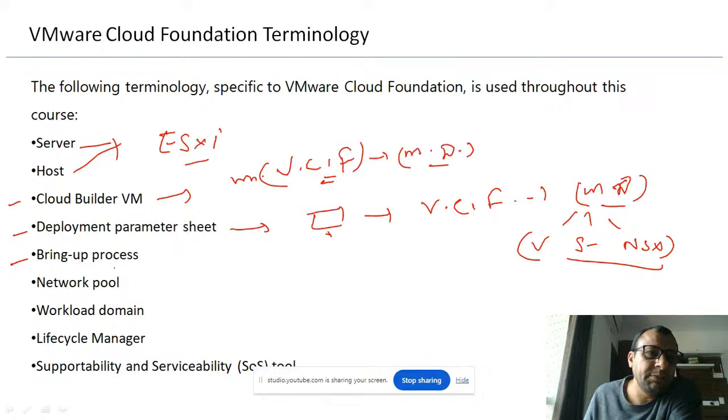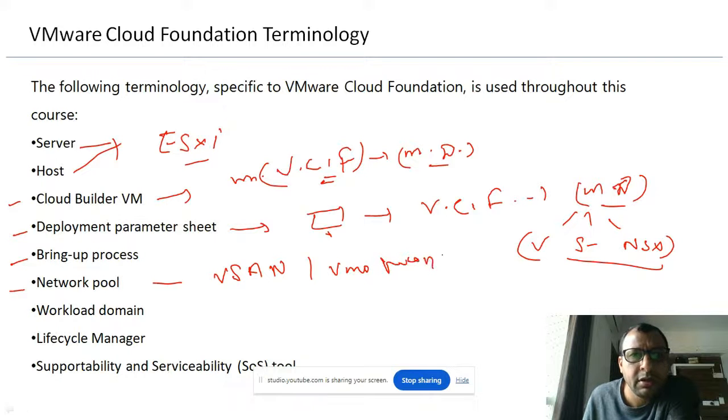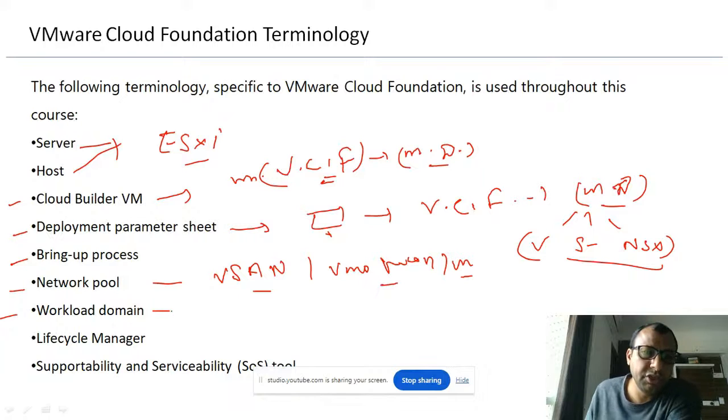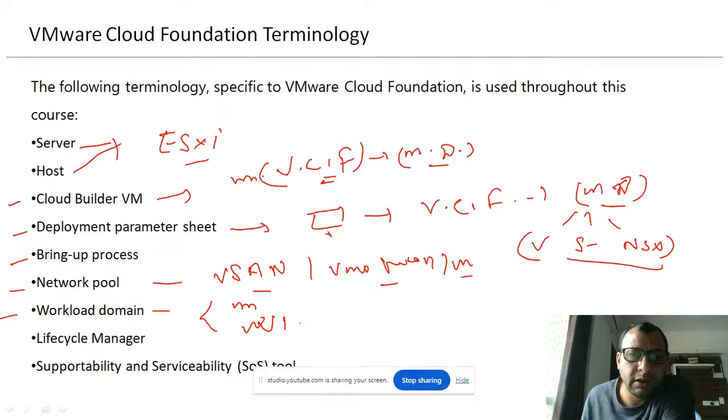Well, the bring up process defines how you are going to build day zero. The network pool is a mandatory component: what kind of network segments we have to use for the vSAN network, for vMotion, for management. All these steps are covered under the network pool. The workload domains we are going to discuss in more detail in the upcoming slides. There are two types of domain we normally create: the management domain and the VI workload domain.